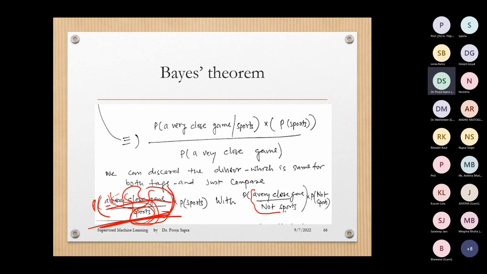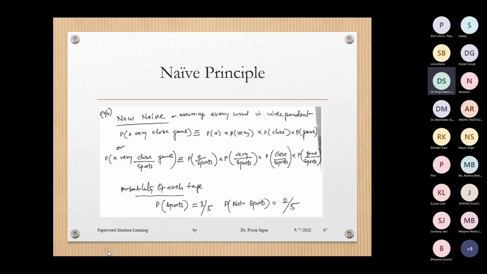Similarly, multiply A given not sports, very given not sports, close given not sports, game given not sports, right? If we want to find the probability of a very close game, we are required to find the probability of A given sports, very given sports, and multiply all of them, right? Similarly for not sports, the condition will become not sports everywhere.